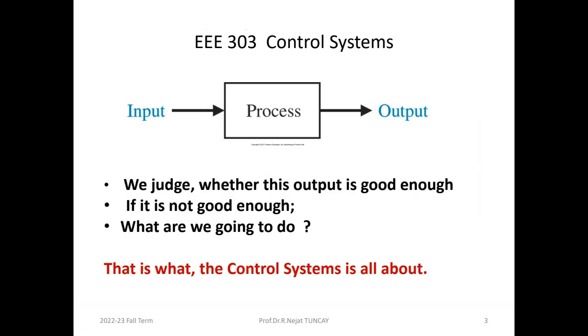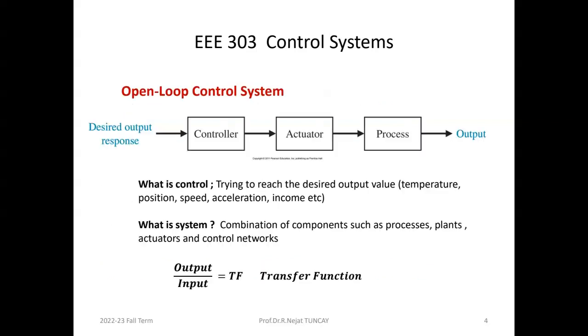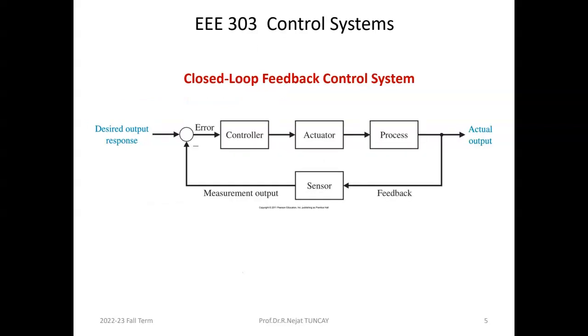Process, actuator, controller. This is open loop. This is a closed loop system. If you add a sensor here, the transfer function of the sensor also involves that one. And we all know the obtained transfer function.